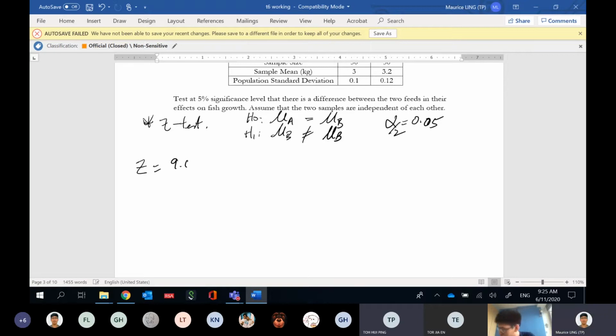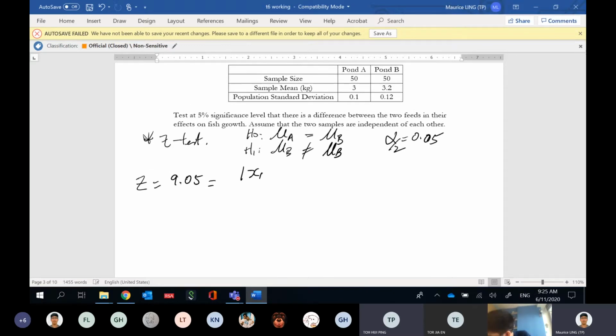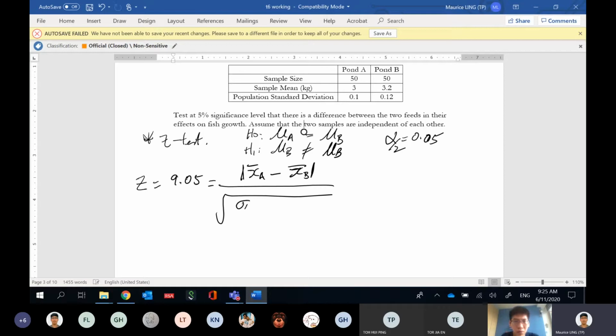Right, it's 9.05. It depends on which one you do first. Essentially, I will use the mean of A minus the mean of B, and put the absolute value first. Then you divide by the square root of the population standard deviation of A squared over sample size of A, plus the population standard deviation of B squared over sample size of B. So you work it out.